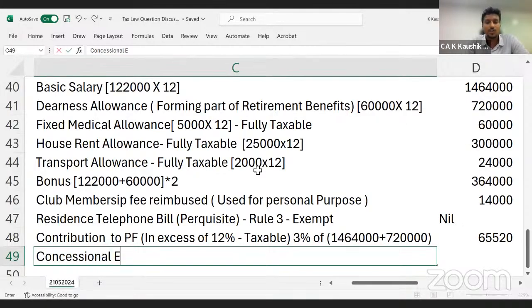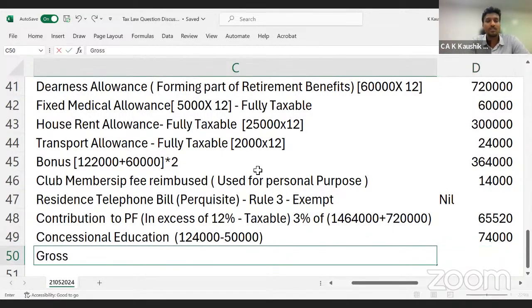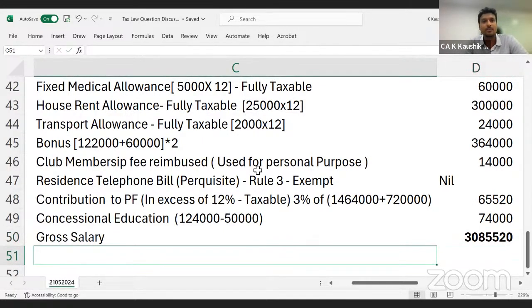Concessional education facility: cost incurred 1,24,000 minus recovered 50,000. So 74,000 becomes the taxable perquisite. So gross salary will be the total of all these things: 30,85,520.